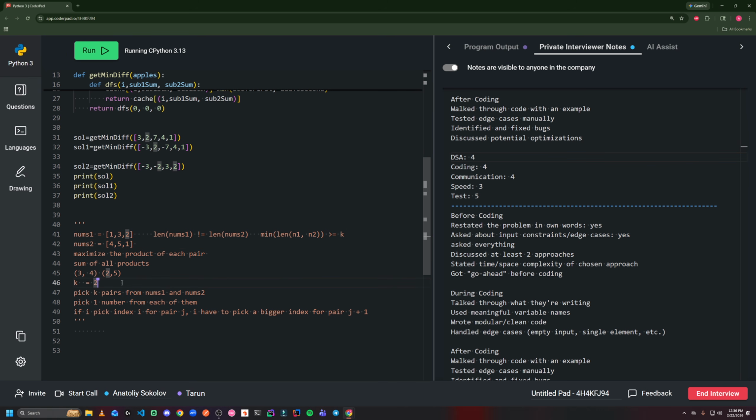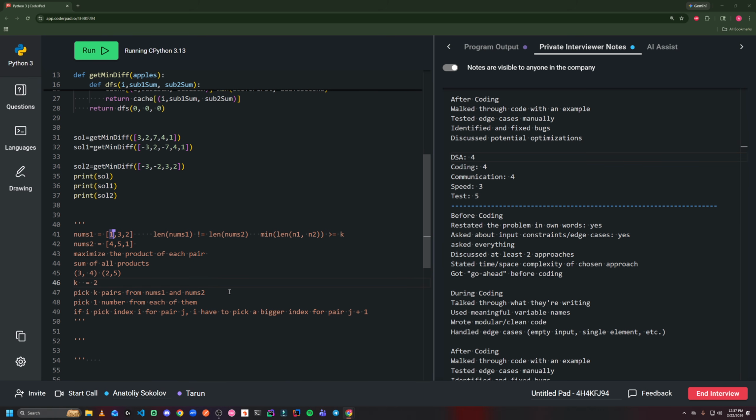Okay. Gotcha. From the above example, let's just write it down. So if I consider, for every index, I'm thinking about the brute force way first.